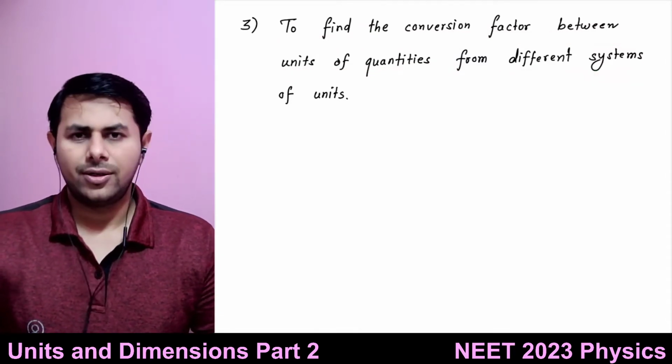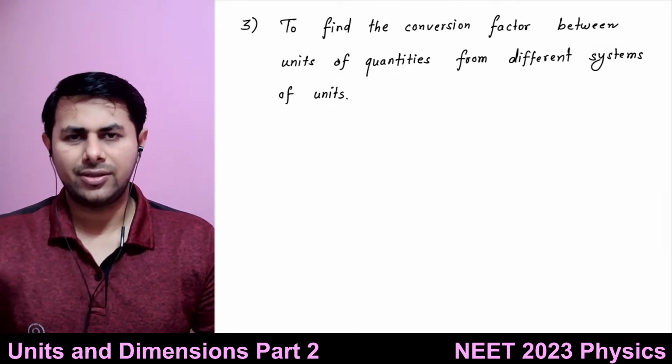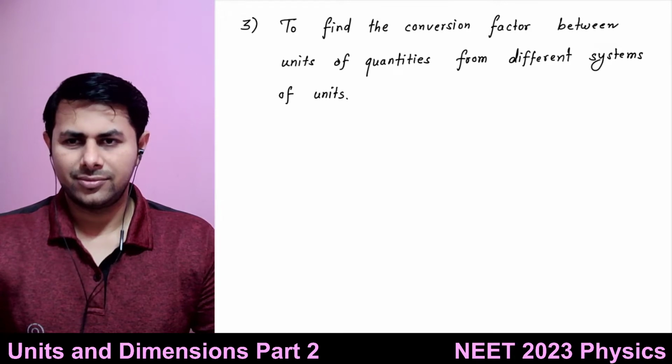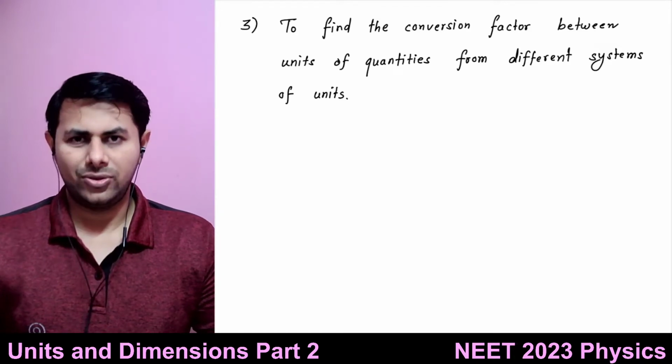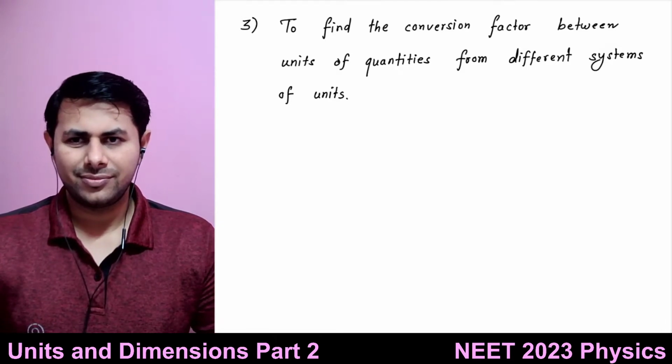Okay. So for an example, unit of force in SI system is what? kg m s power minus 2. Okay. So unit of force is Newton, right? We call it Newton.